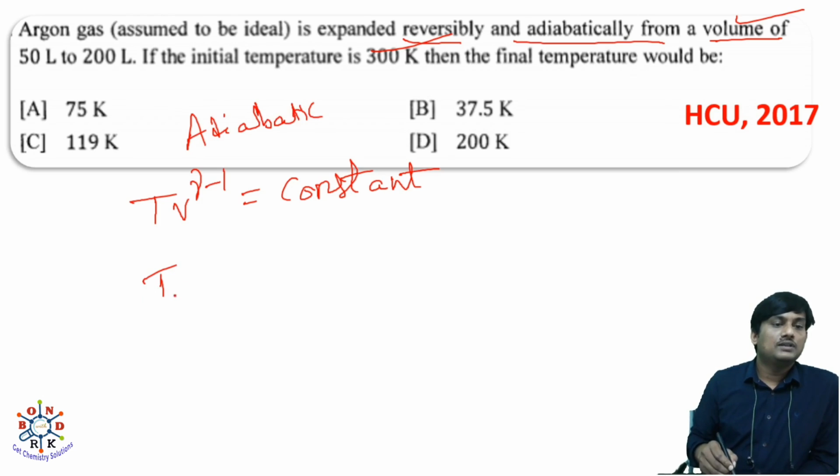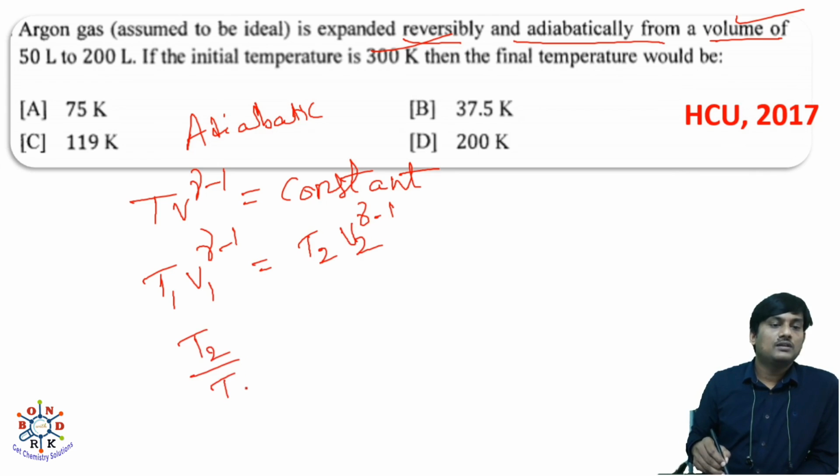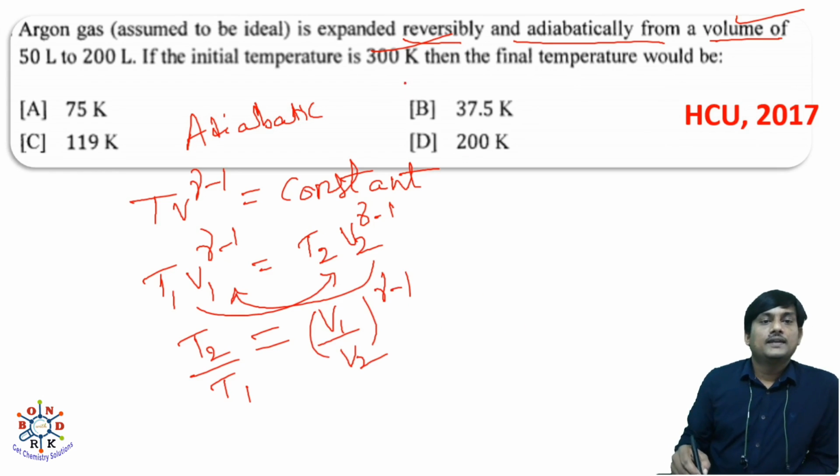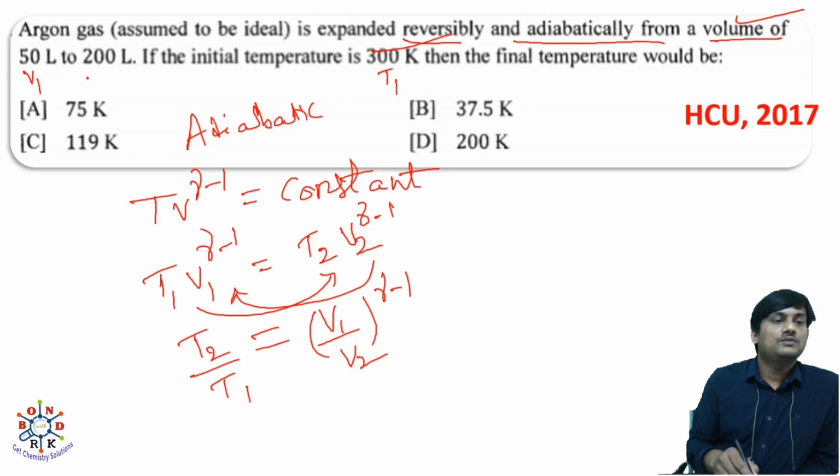So T1 V1 power gamma minus 1 is equal to T2 V2 power gamma minus 1. You can write T2 by T1 is equal to V1 by V2 power gamma minus 1. Here temperature T1 and the volumes V1 and V2 are given.